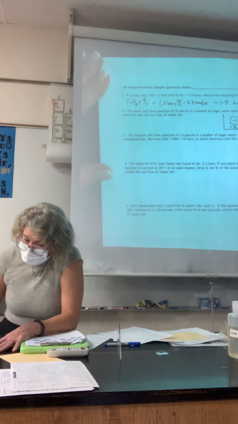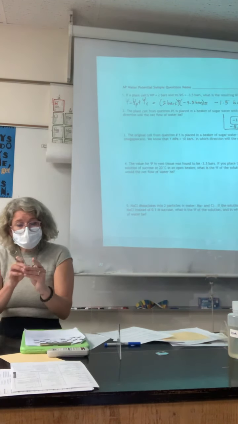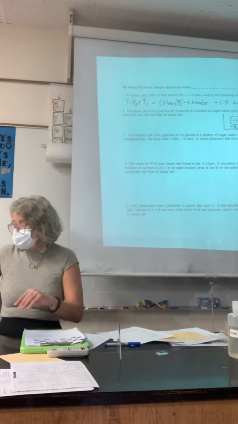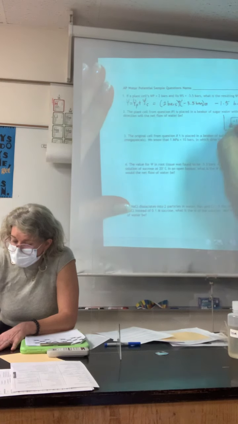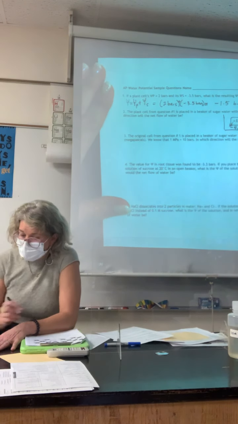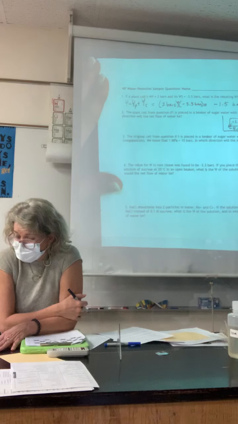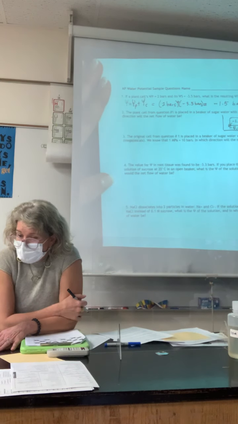So which direction would the net flow of water be? Will you guys yell out into or out of the cell? Everybody yell something? Yeah. So the water will move to where we have a more negative solute potential. Okay? So it's going to flow out of the cell.